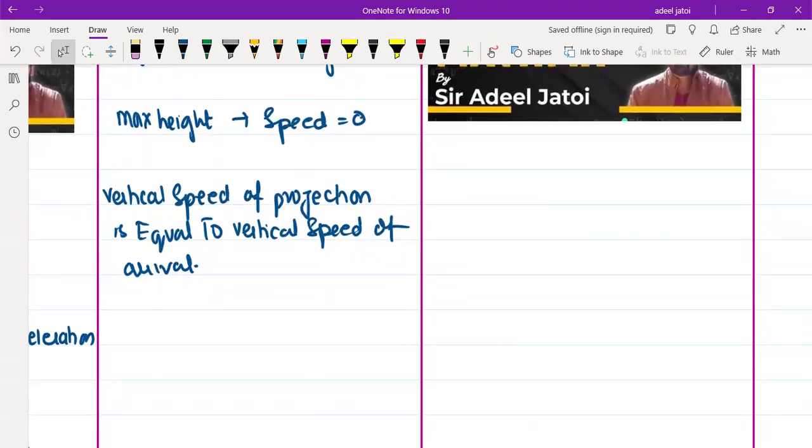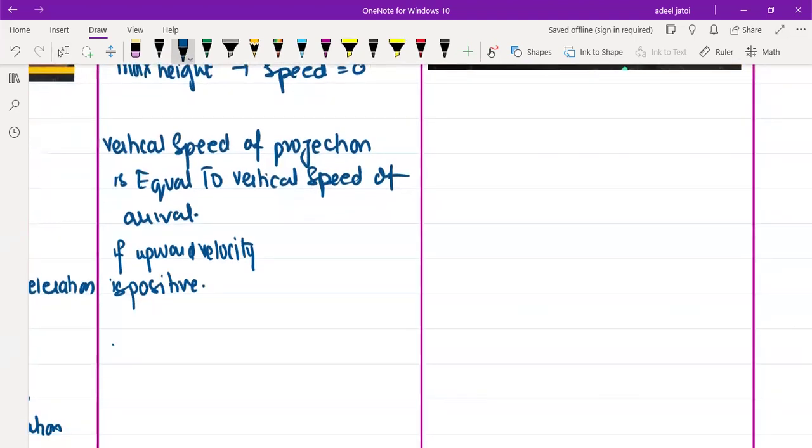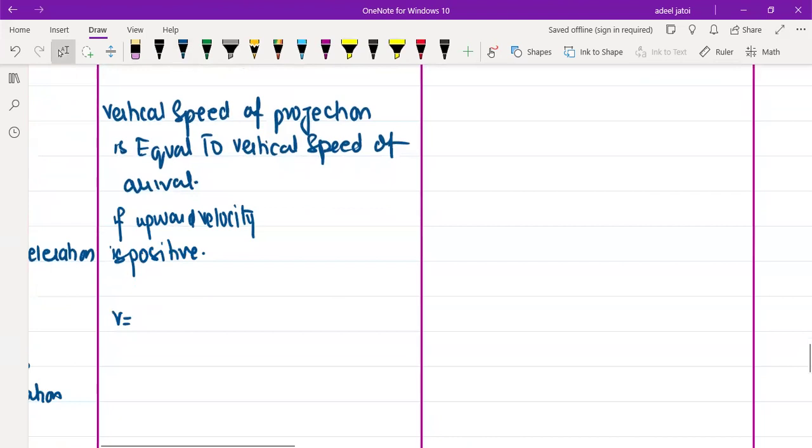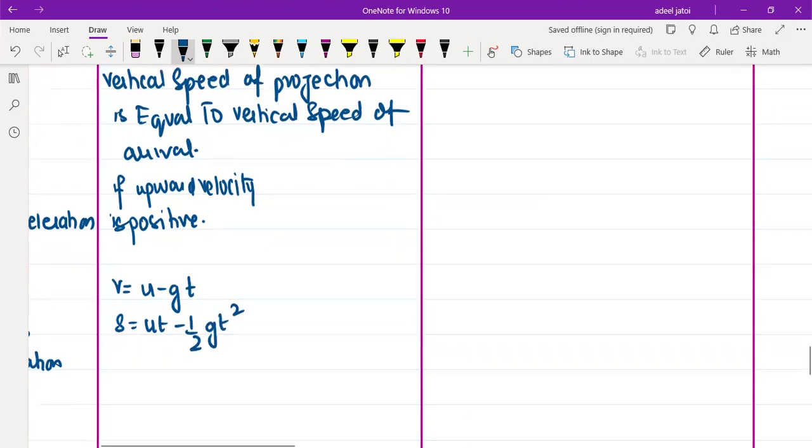So the formulas that we'll be using: if upward velocity is positive, then v = u minus gt, s = ut minus half gt square, v square minus u square is equal to minus 2gs.